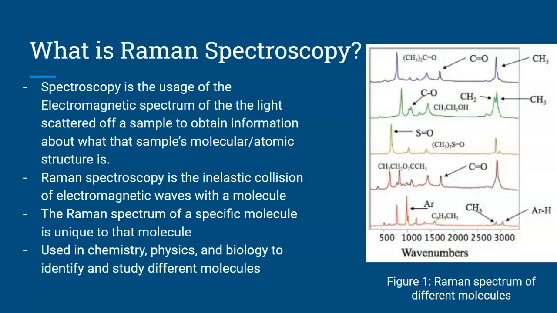What makes it significant is that the Raman spectrum of a specific molecule is unique to that molecule. As you can see in the figure on the right, this is the Raman spectrum of different molecules, and they are all unique. So it's used in chemistry, physics, and biology to identify and study different molecules.